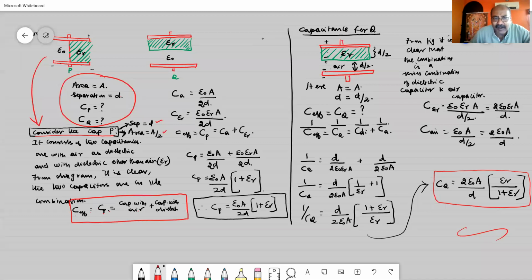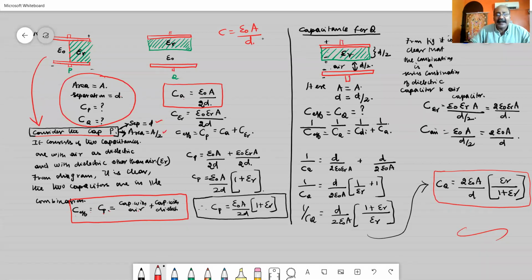So I am calculating the capacitance of the air medium. In general, C is equal to epsilon 0 into A by D. But here the area becomes A by 2. Therefore, the capacitance of the air part is epsilon 0 into A by 2D.